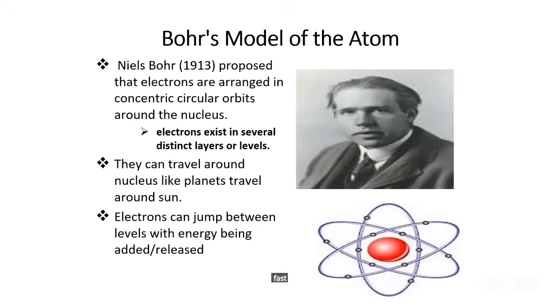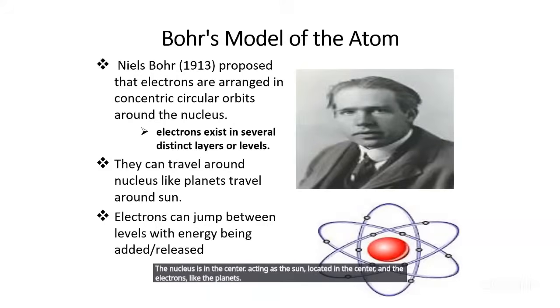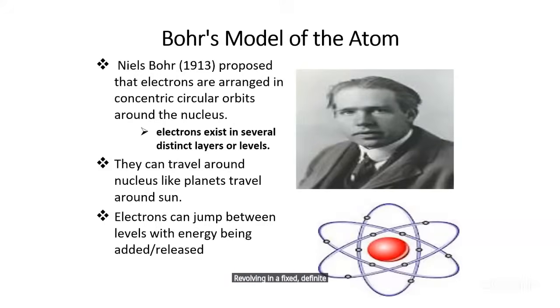So you never find any planet jumping to a different path all of a sudden, no. So in that same way, as they move circling the sun in a fixed path, so also we have the atomic structure. The nucleus is in the center, acting as the sun, and the electrons, like the planets, revolve in a fixed definite orbit, which is referred to as energy levels or shell.